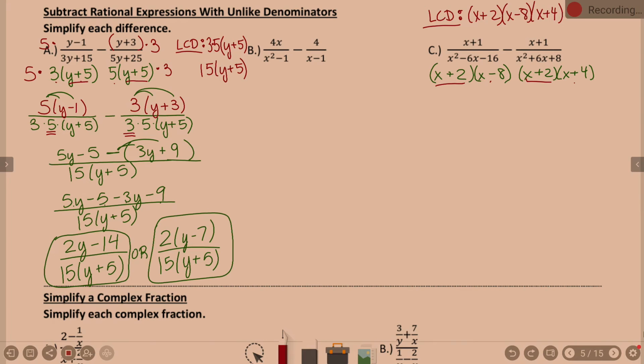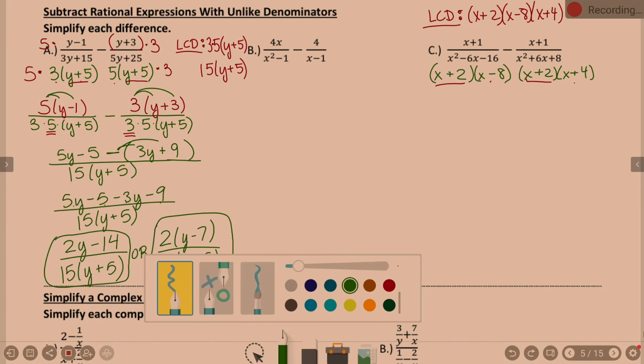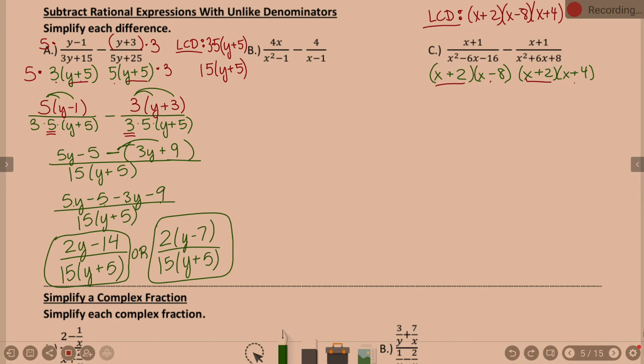Okay. You know what to do? Remember, this is a subtraction problem. The common denominator is x plus 2, x minus 8, x plus 4.